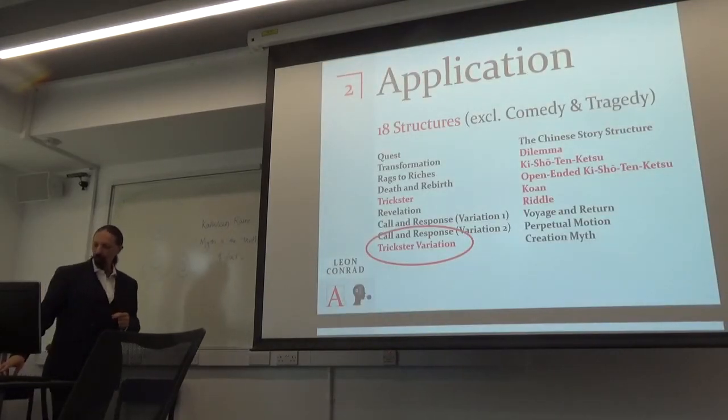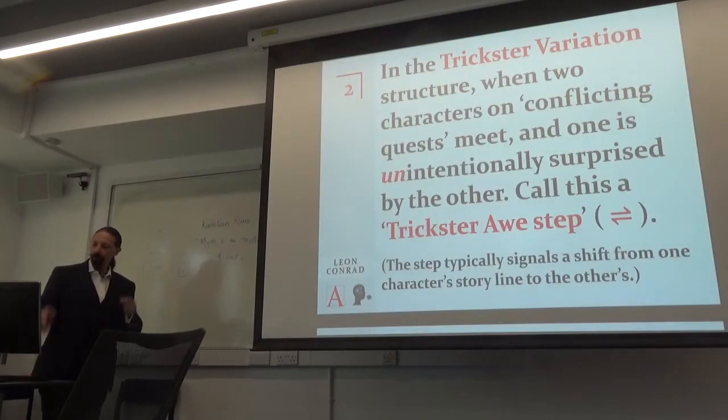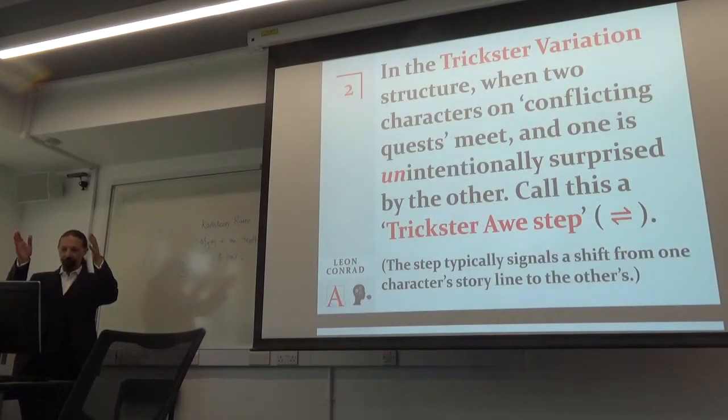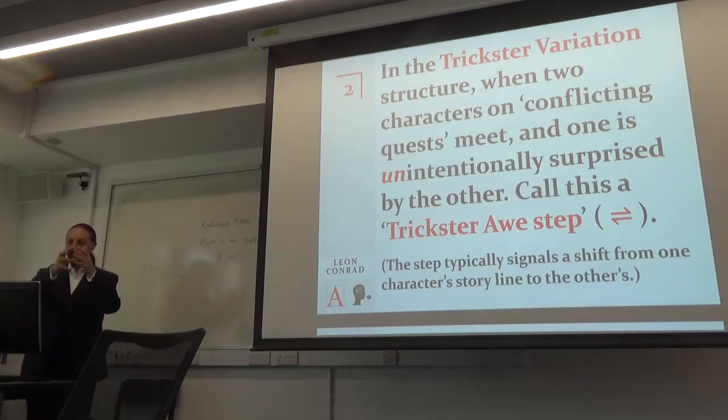There is a structure I call a trickster variation. Two characters on conflicting quests meet, but there is no intention to trick or dupe. One is unintentionally surprised by the other. In narratives, typically the signals are shifted from one character's storyline to the other's.